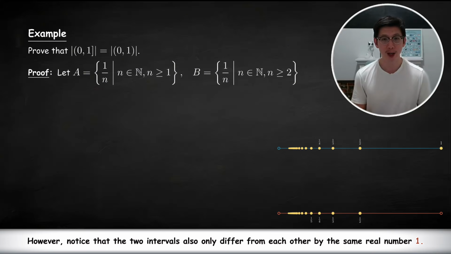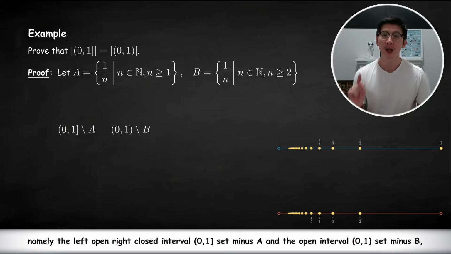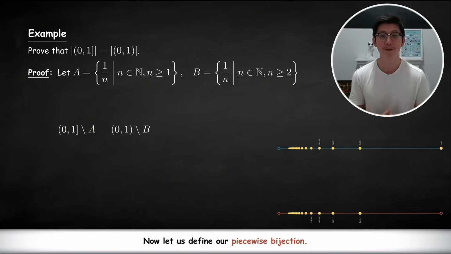In other words, set A and set B differ from each other only by the real number 1. However, notice that the 2 intervals also only differ from each other by the same real number 1. If we consider the following 2 set differences, namely the left open, right closed interval (0,1] minus A, and the open interval (0,1) minus B, then clearly these 2 are identical. Now let us define our piecewise bijection.